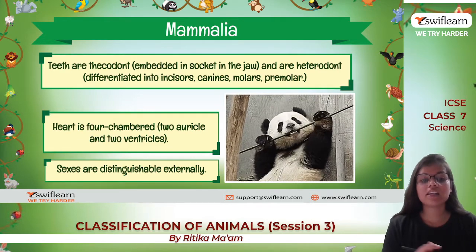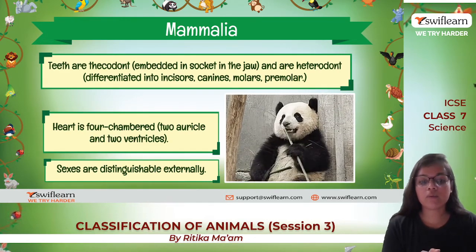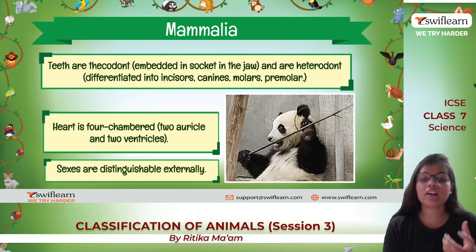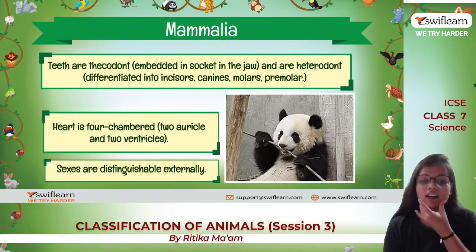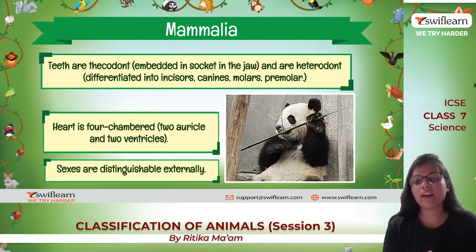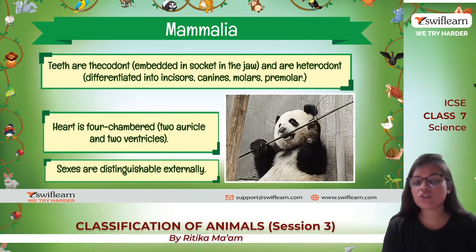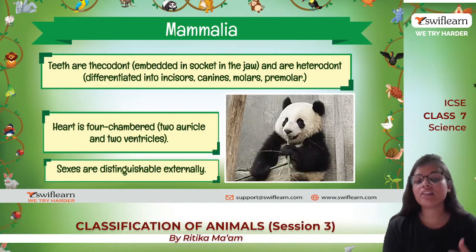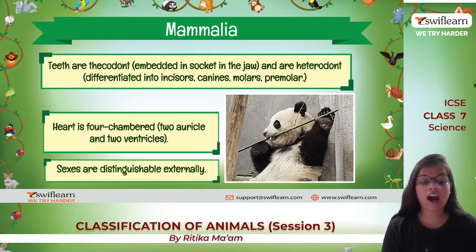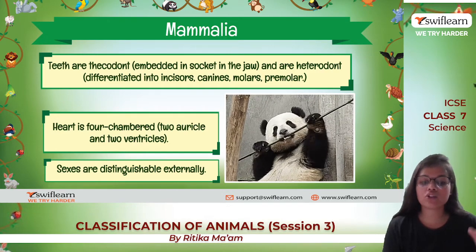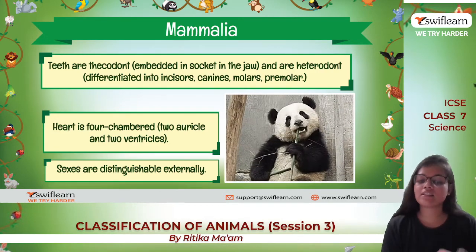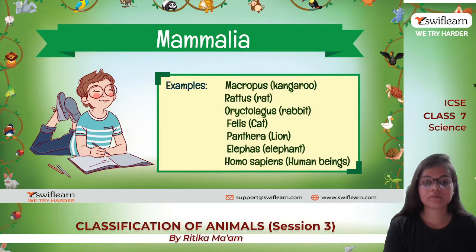Next, teeth are thecodont, which means they are embedded in a socket in the jaw. So our teeth are embedded in the jaw. And heterodont, so they are differentiated into incisors, canines, molars, and premolars. Our heart is four-chambered, 2 auricles and 2 ventricles, and again sexes are distinguishable.